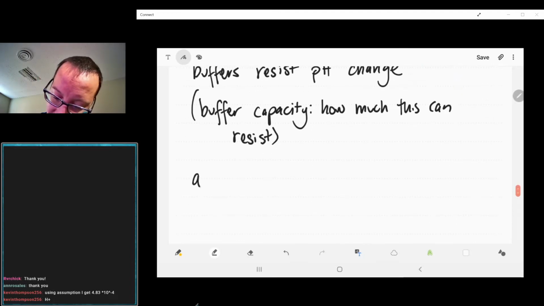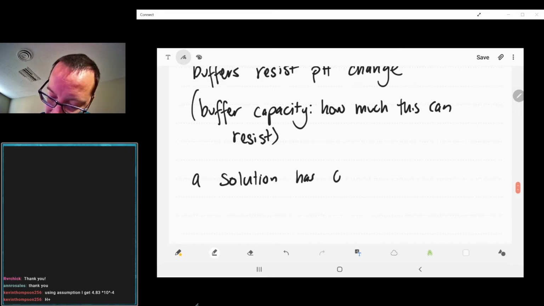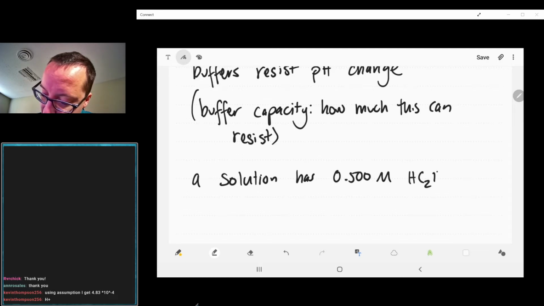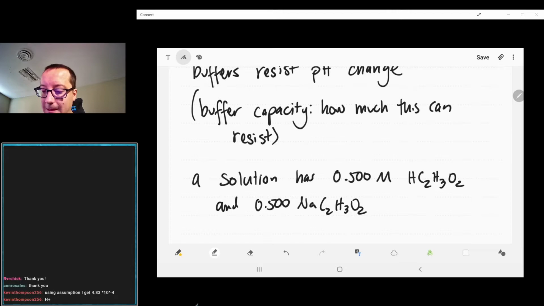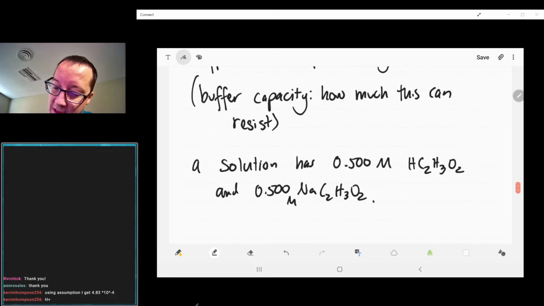So let's say a solution has half molar acetic acid and half molar sodium acetate. We saw last time that this would have a pH roughly equal to the pKa of the acid, which is going to be true.